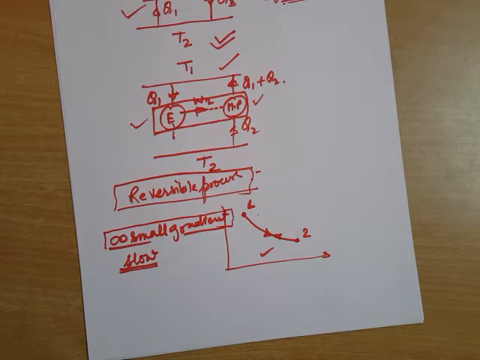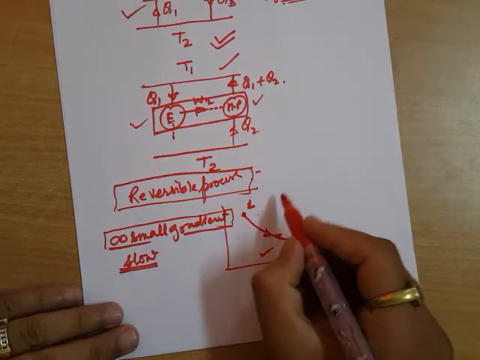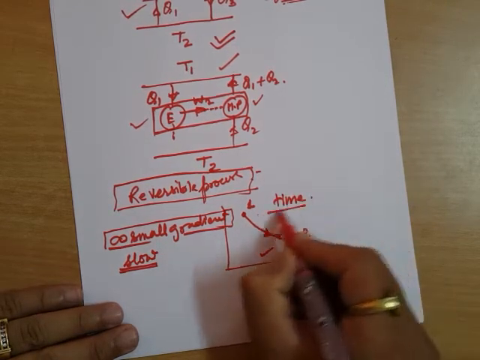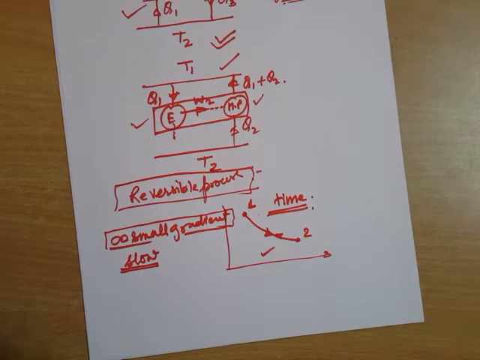If the time taken by a process is very large, then that process can approach a reversible process. On the other hand, if the time taken is very small, then the process will be very fast, and hence it does not qualify to be a reversible process.